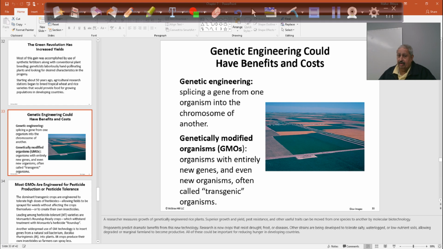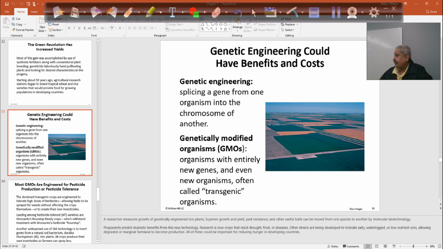We call them genetically modified organisms. This idea applies to humans as well as plants and fish. You can produce a stronger creature by getting rid of the weak areas, taking strong genes from one creature and putting them in the same kind of creature.